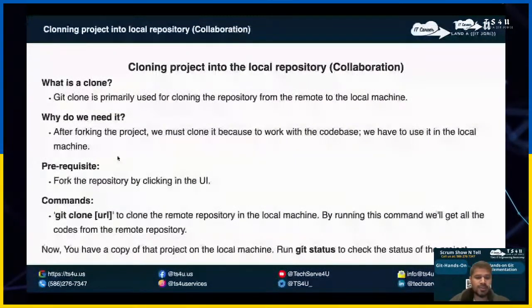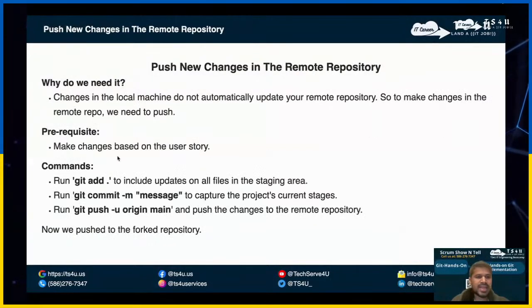Okay. So of course we have some repositories here, and you can use multiple ways. So why do you need it? We will talk about this as we continue, and then we'll be talking about the push. Why do you need the push? We'll talk about this and run the commands.